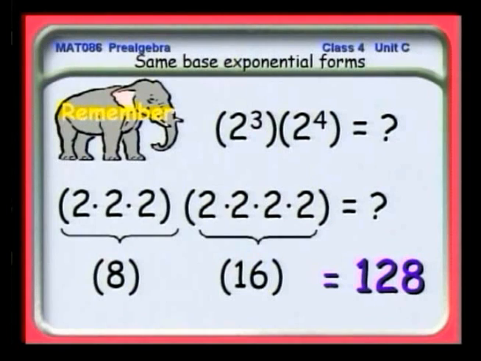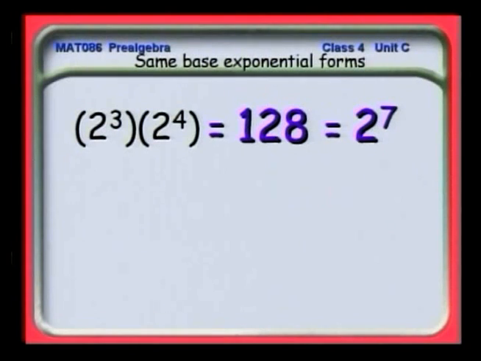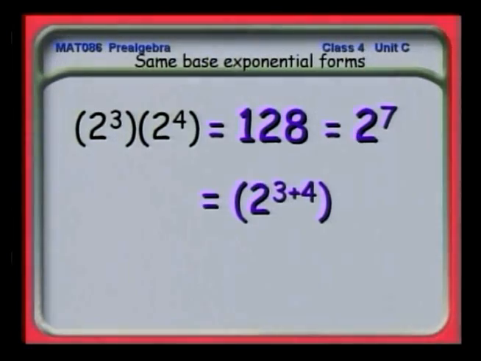Multiplying, we get 128. We also see that 128 is 2 to the seventh power. Amazingly enough, if I add the powers, 2 to the 3 plus 4 power is equal to 2 to the seventh power.